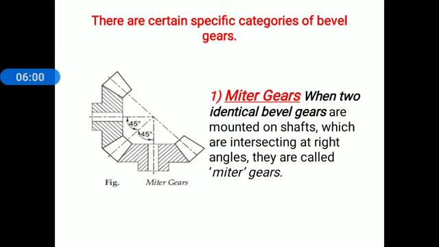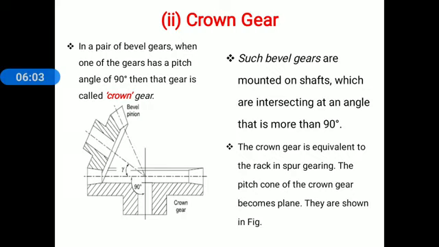Now the second type, crown gear. Everyone again observe this sketch carefully. The bottom gear is a crown gear, and on it a bevel pinion is mounted. The bevel pinion is engaged with the crown gear. In a pair of bevel gears, when one of the gears has a pitch angle of 90 degrees, that gear is called a crown gear.